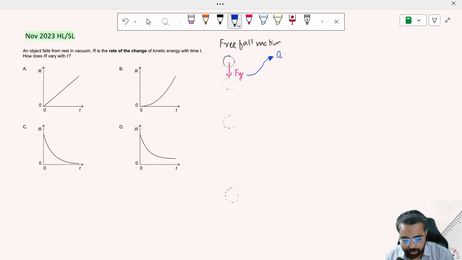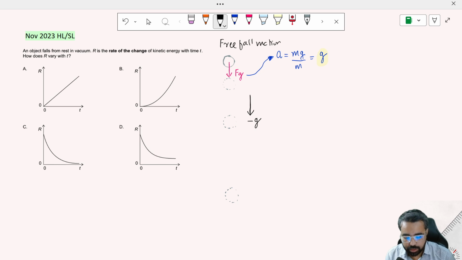And what is that? That is equal to mg over m, which is equal to g. So g is the magnitude of the acceleration. Because it is moving downwards, vectorially this acceleration is negative 9.8 meters per second squared for Earth.